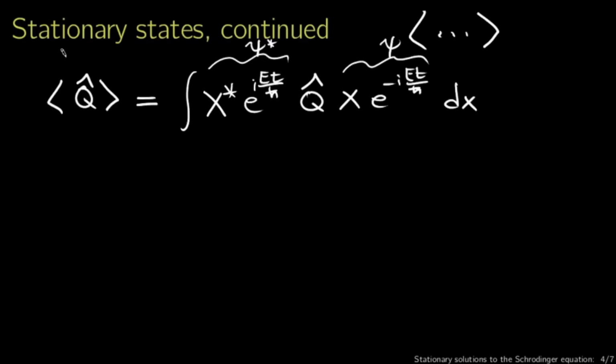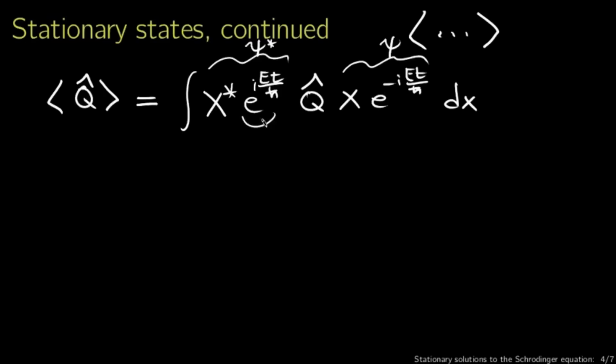Now, provided this operator does not act on time, it doesn't have anything to do with the time coordinate, and that will be true for basically all of the operators we will encounter in this course, it has no time derivatives. What that means is that I can push this time part past the operator. The operator will not act on the time part, so that's okay.